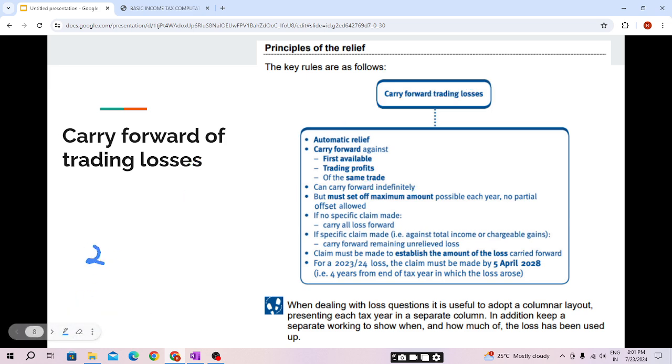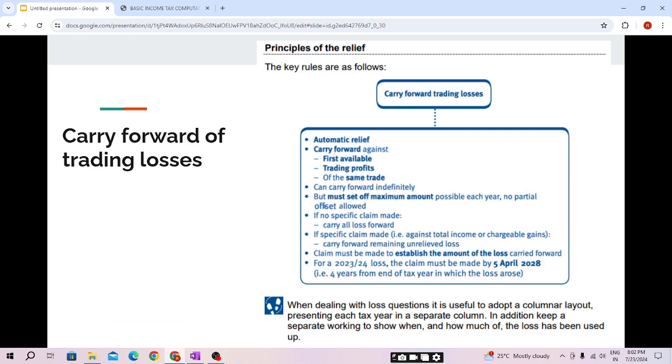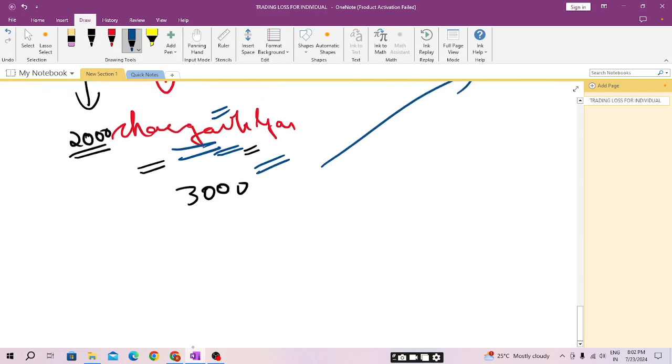If in 2023-24 we have a loss, 24-25 we have a loss, 25-26 we have a loss, this will be carried forward for an indefinite time period. But you must set off the maximum amount possible each year. No partial offset is allowed. So no partial claim is allowed. This means, students, let's take an example.